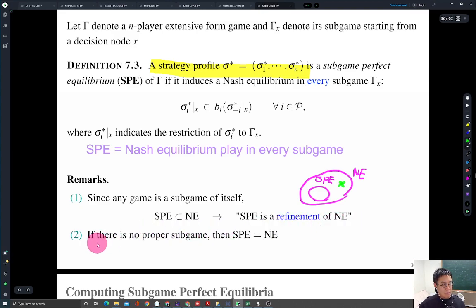And the second bullet point says, if there is no proper subgame, I mean, if the only possible subgame is the entire game, then there is no difference between this definition of SPE and the definition of Nash equilibrium. SPE and Nash equilibrium give us the same predictions about players' behavior.